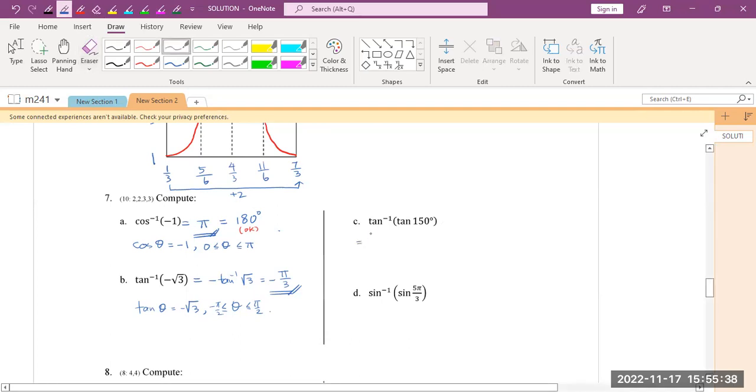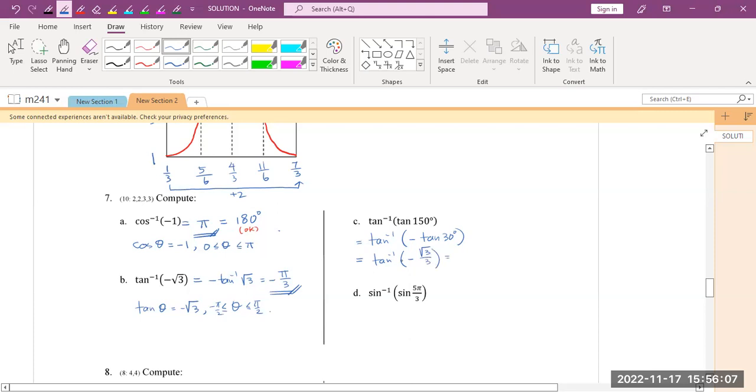This equals tangent inverse of tangent in quadrant 2. That's negative tangent of the reference angle 30 degrees, right? You know what? Let me do it slowly. So this is tangent inverse of negative tangent 30 degrees, which is radical 3 over 3, right?